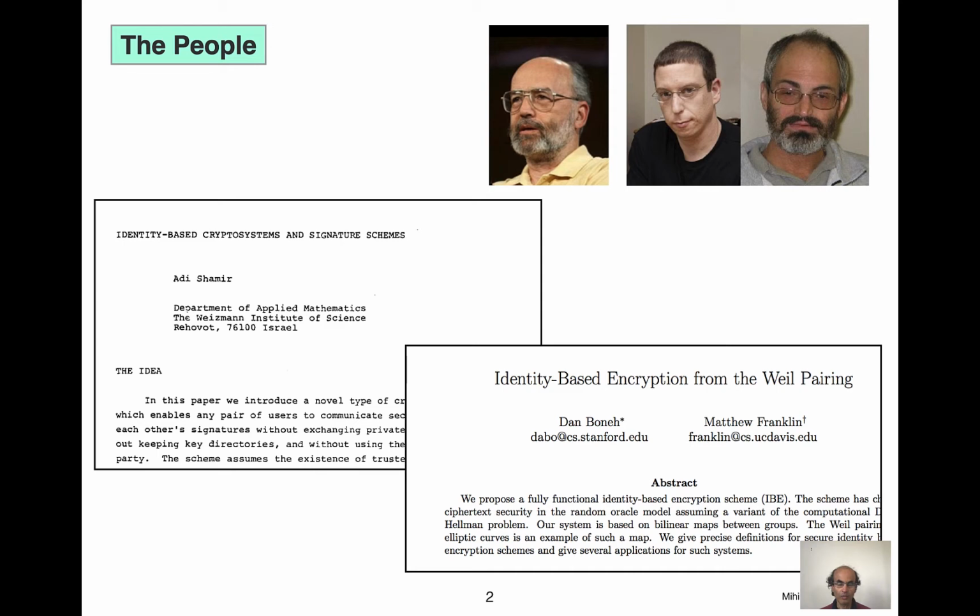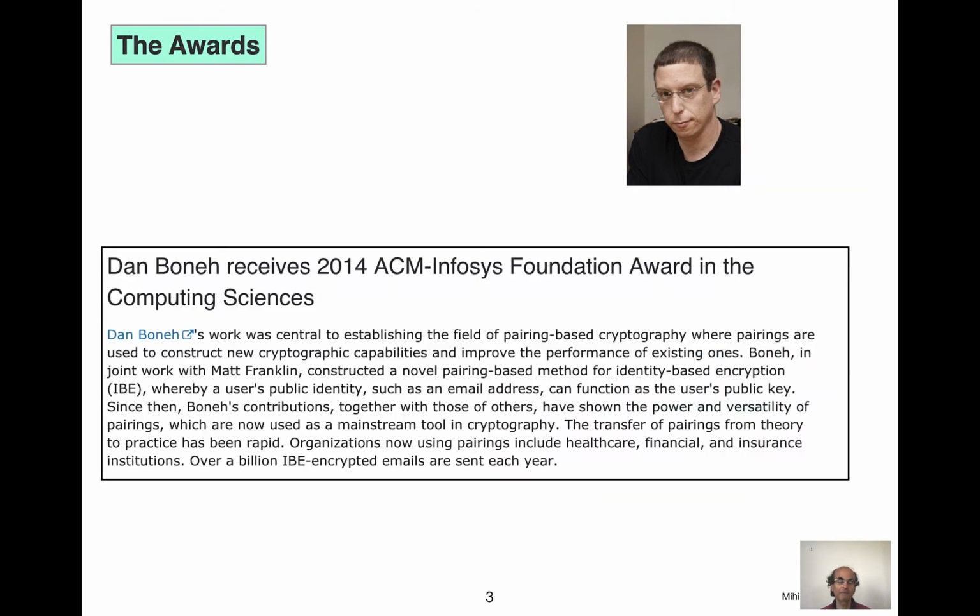Intriguingly, while Adi had the idea of this model, he wasn't able to realize identity-based encryption, and he left it as an open problem. And it wasn't until 20 years later that Boneh-Franklin came up with the first identity-based encryption scheme. And what made this possible was a new kind of number theory brought into cryptography, and that was bilinear maps or pairings.